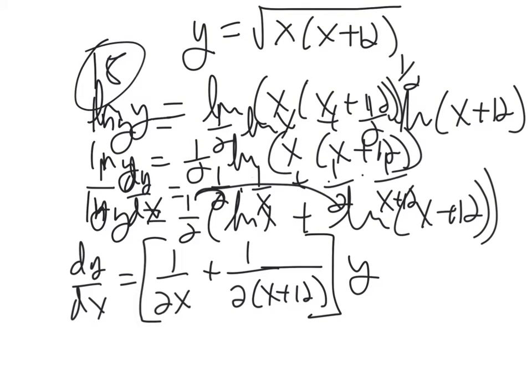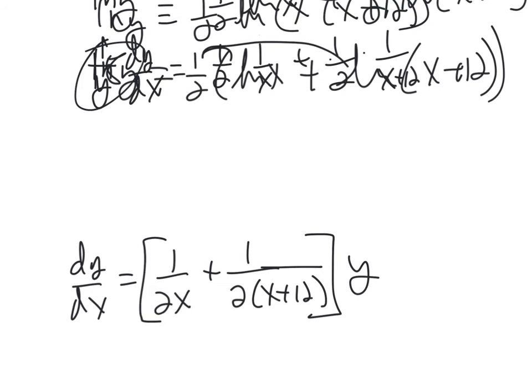See, y is that original function, right here. So we're going to just replace this y with that original function, which is the square root of x times x plus 12. I first wrote x plus 13, but no, it's 12.